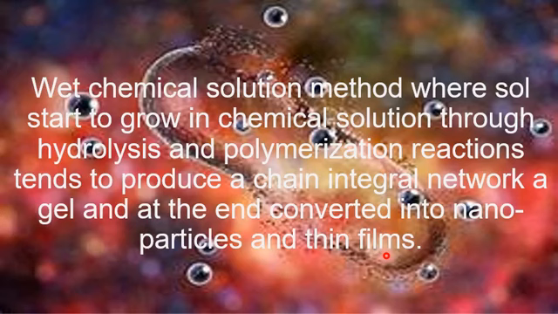So in simple words, if I want to explain the sol gel process, it is a wet chemical solution process for the production of nanoparticles as well as thin films by forming a sol and gel network via hydrolysis and polymerization. Okay, and after the precursor material goes through hydrolysis and polymerization, it is heated up and converted into a nanoparticle and thin film.